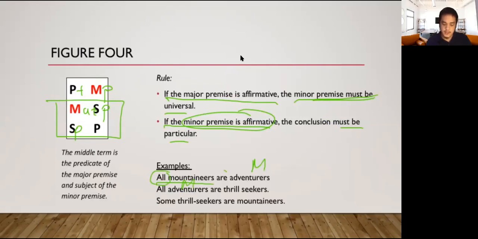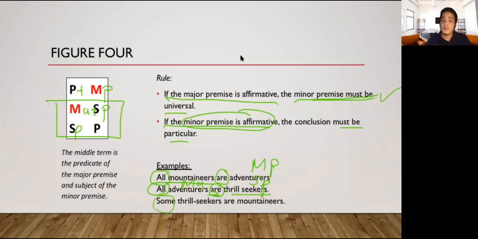If the major premise is affirmative, then this becomes MP, and our minor premise is universal. So we have followed the first rule and also the second rule. Thrill seekers, which is SP. If the minor premise is affirmative, the conclusion must be particular.